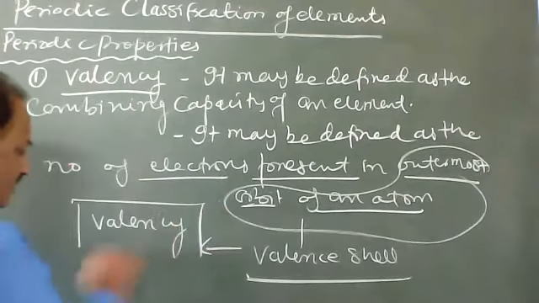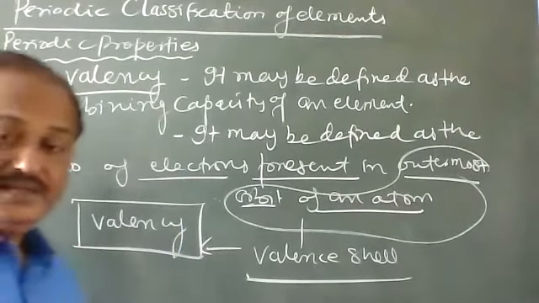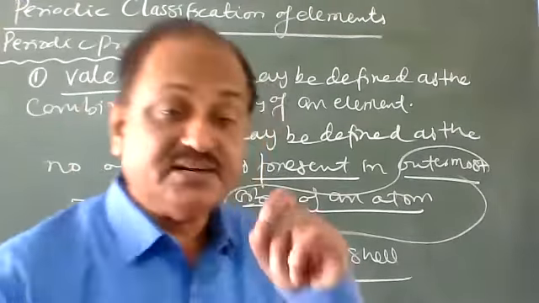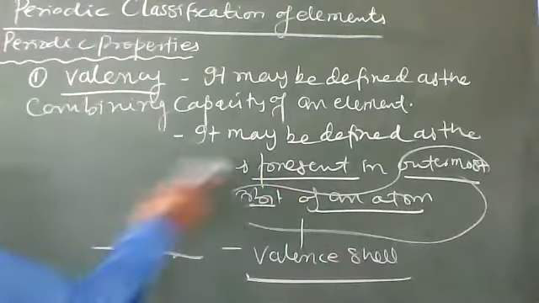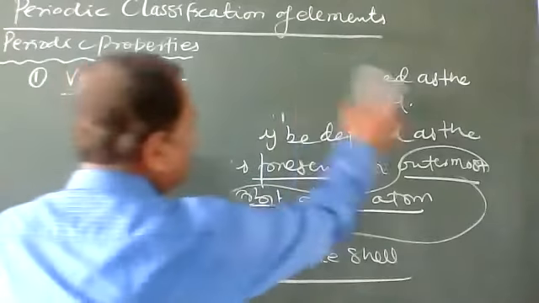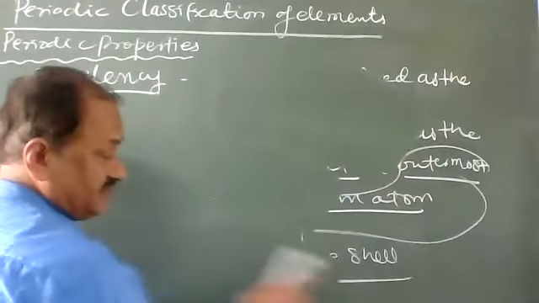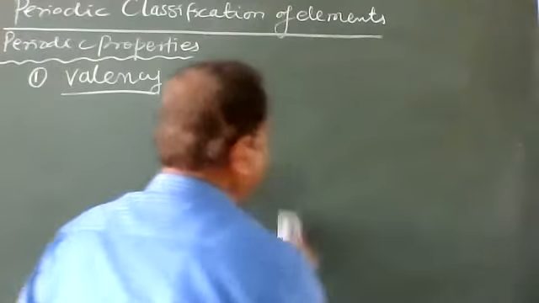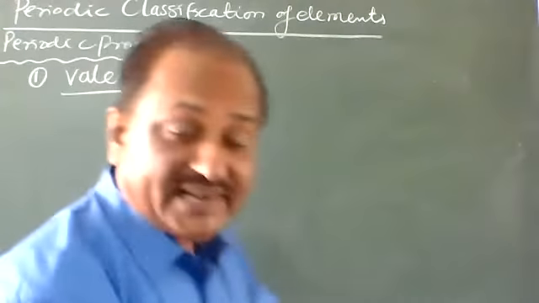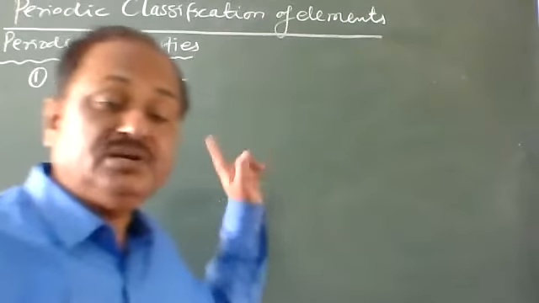So this is a very simple relationship. Valency means the electrons present in the outermost orbit, and so the valency is definite for a particular element. Now we'll see how the variations are there, how the periodic properties are there.